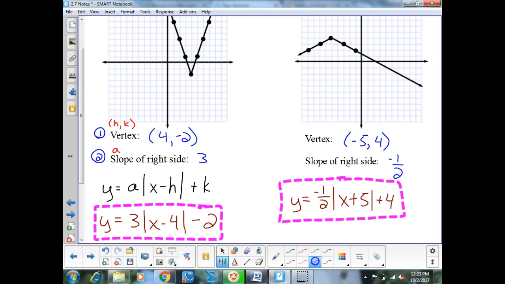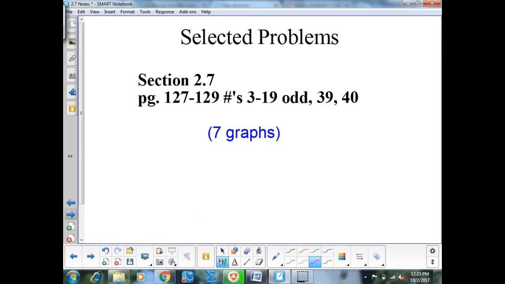You now have enough information in your brain to complete the section 2.7 homework.